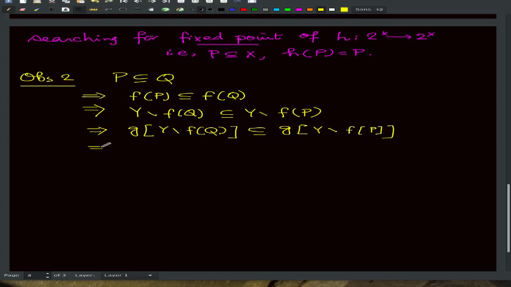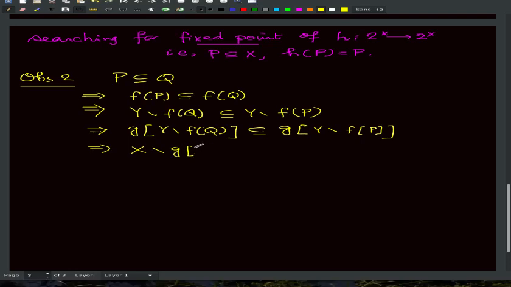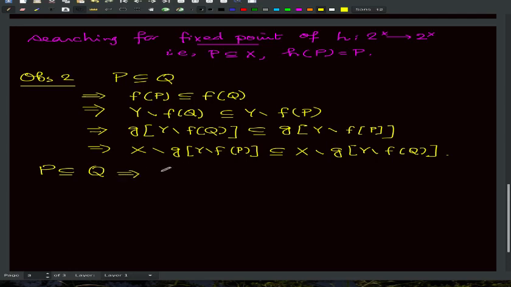And then it follows that X minus. So that means if P is smaller than Q, then h(P) is smaller than h(Q).